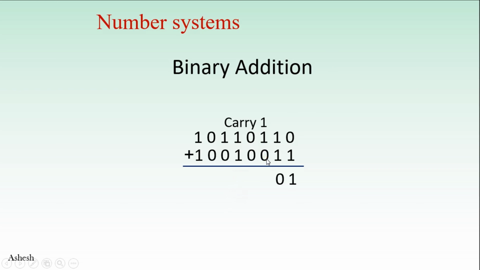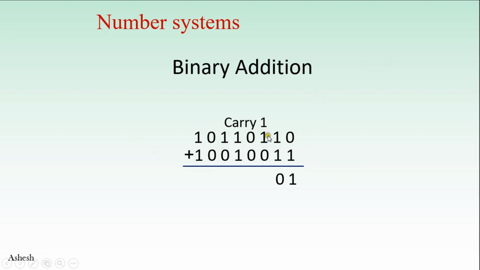1 plus 0 is equal to 1. 1 plus 0 is equal to 1. And carry is added. Again, 1 plus 0 equals 1, and that carry is added, that summation of 1. Okay.